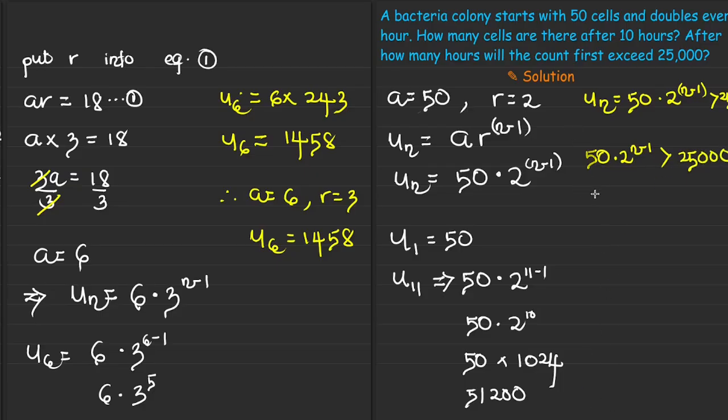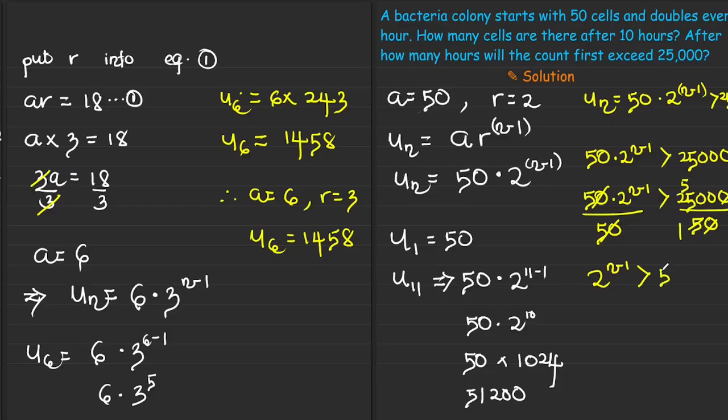Now, this simply means we want to make n the subject. So making n the subject, let's simply divide both sides by 50. Dividing both sides by 50, we have 2 to the power n minus 1 greater than, these zeros take each other out. Then 5 into 25, we have 5 here.